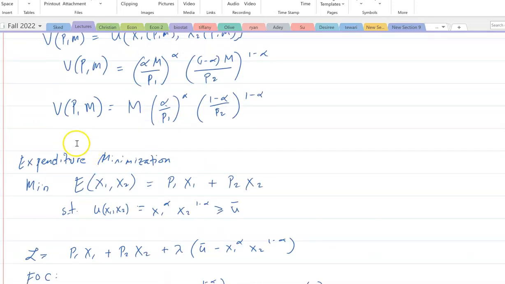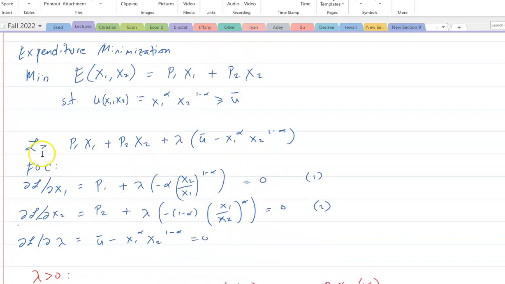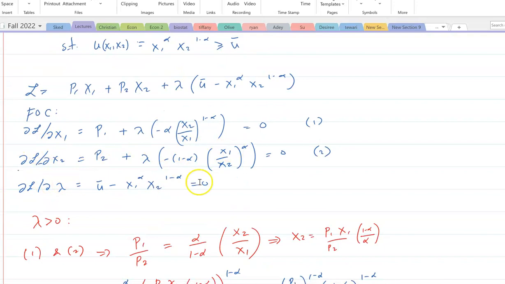Now let's look at the dual problem: expenditure minimization. We want to minimize the expenditure subject to the constraint that your utility will be at least u bar. We form the Lagrangian again and take the first order conditions.